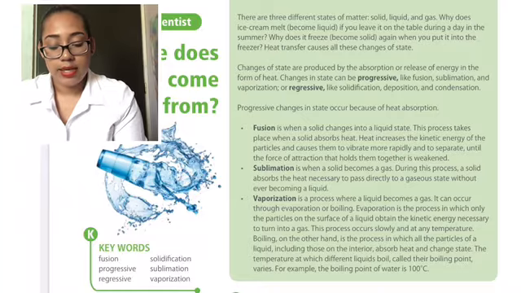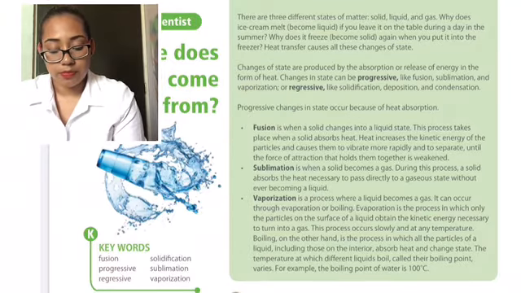Vaporization is a process where a liquid becomes a gas. It can occur through evaporation or boiling. Evaporation is the process in which only the particles on the surface of a liquid obtain the kinetic energy necessary to turn into a gas. This process occurs slowly and at any temperature.